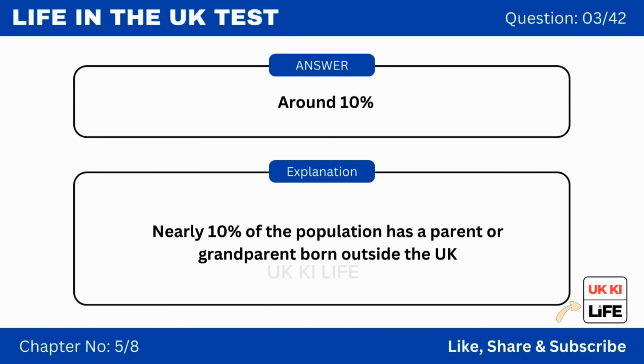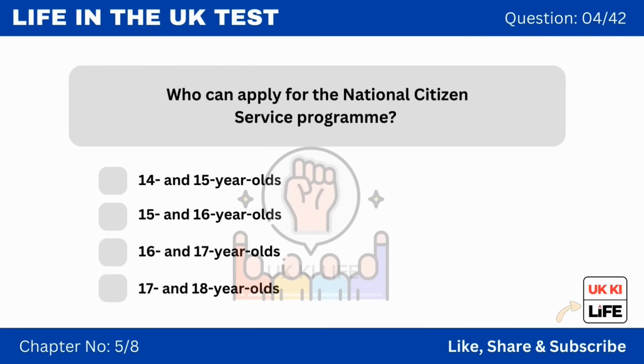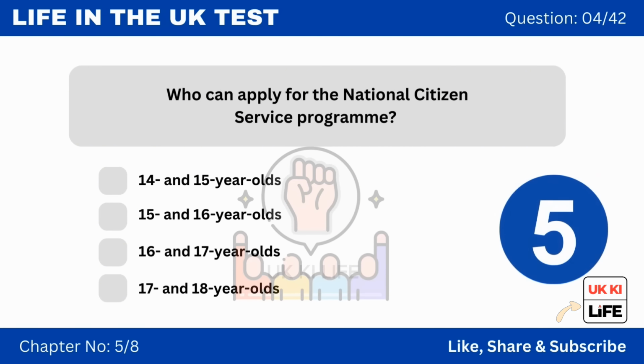Nearly 10% of the population has a parent or grandparent born outside the UK. Question 4. Who can apply for the National Citizen Service Programme? 14 and 15-year-olds. 15 and 16-year-olds. 16 and 17-year-olds. 17 and 18-year-olds.